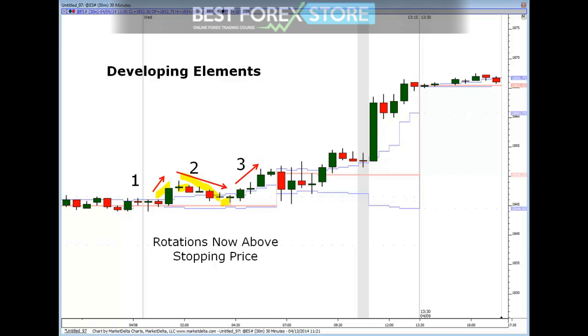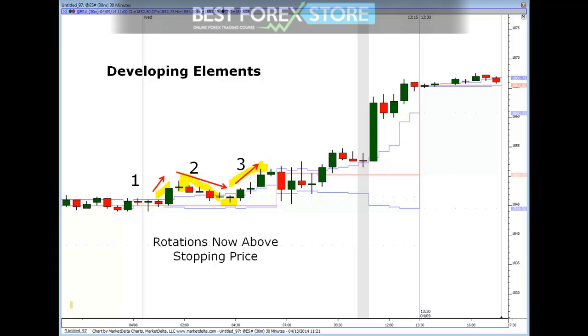We don't even come all the way down to the stopping price, but jump right back up again into a third rotation, and this third rotation even takes us higher yet. So we've made a high here and a higher high there. And watch my value area high continue to expand and rise. From looking at the developing elements, I should now have a bias to the upside.